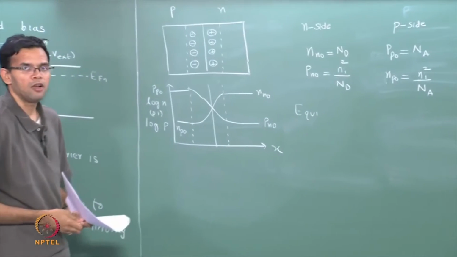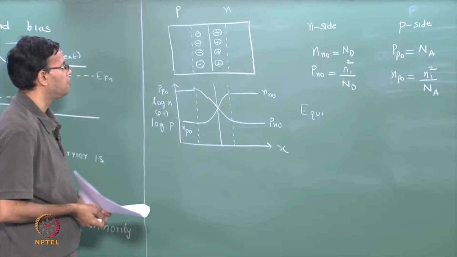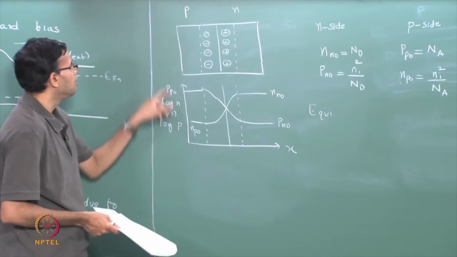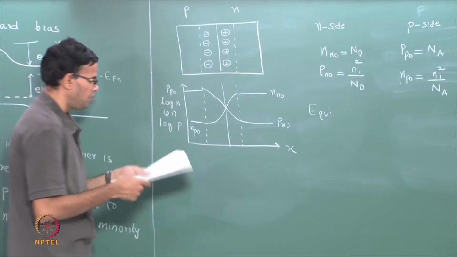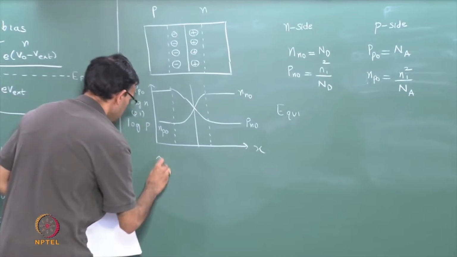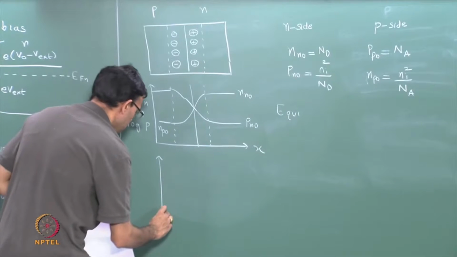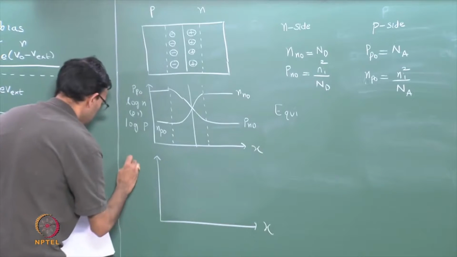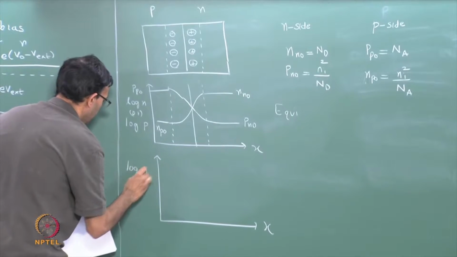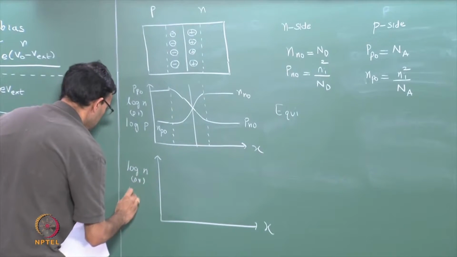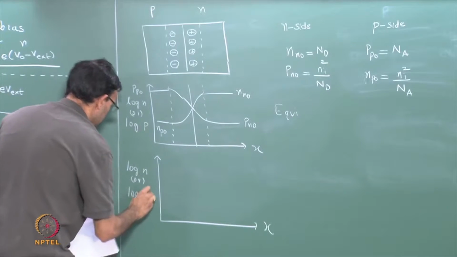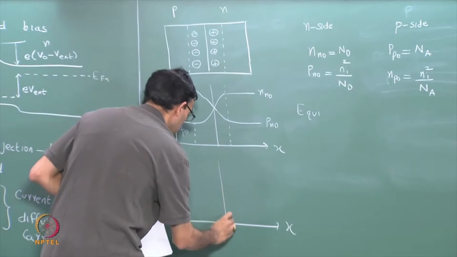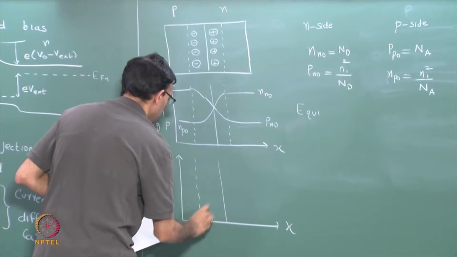So now we apply a forward bias. When we apply a forward bias, we are injecting electrons into the n side and we are injecting holes onto the p side. So if I once again plot my concentration, this is log of n or log of p, I can again mark the boundaries.